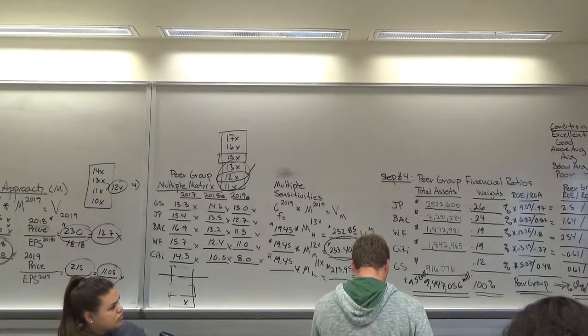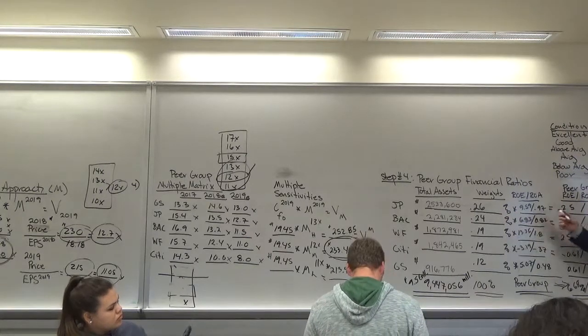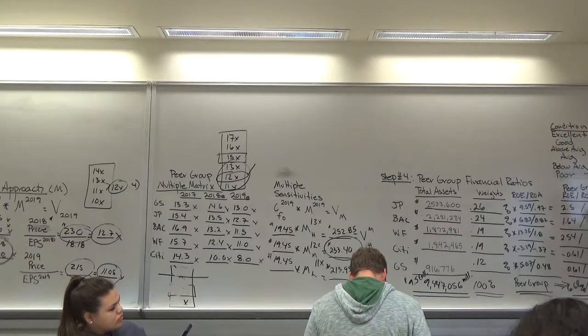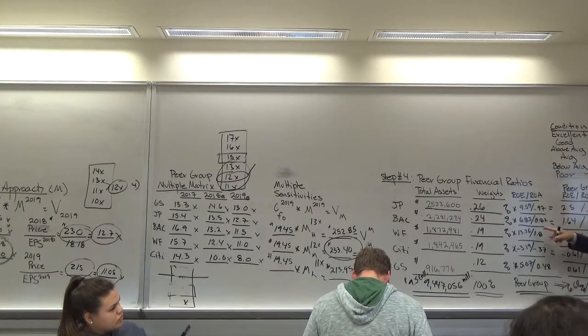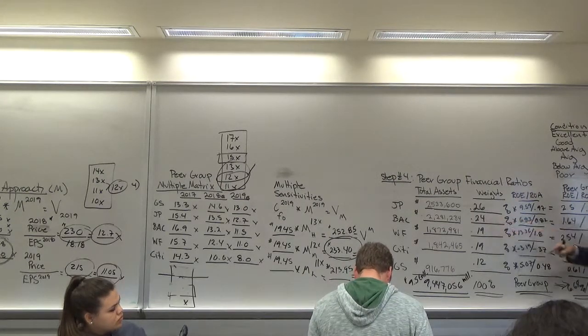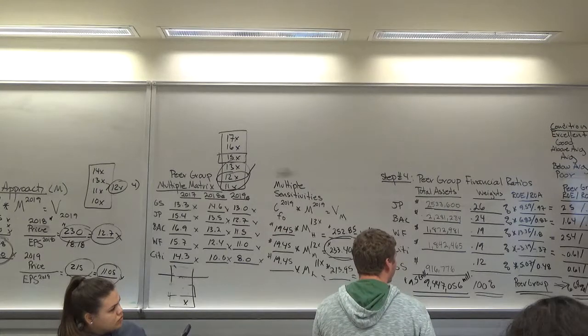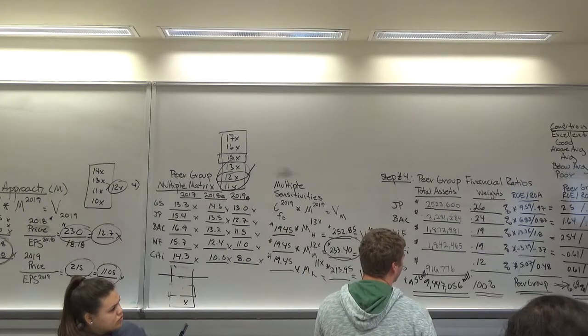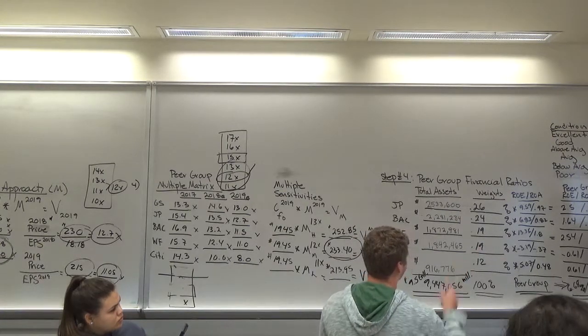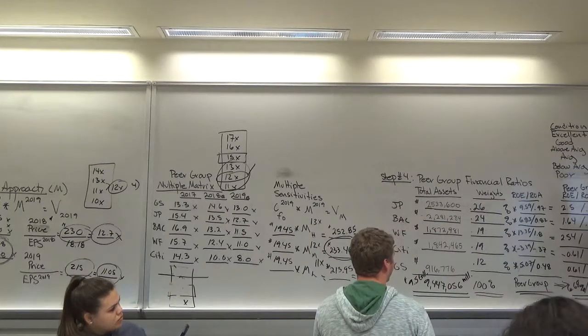Let's do ROA. So it's 0.26 times 0.97. 0.25. What is 0.82 times 0.24? 0.2.